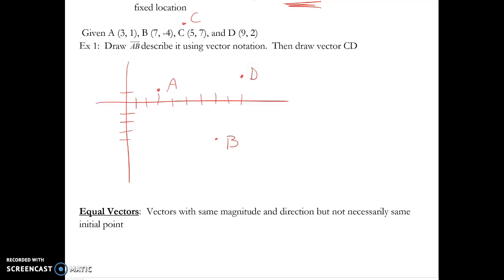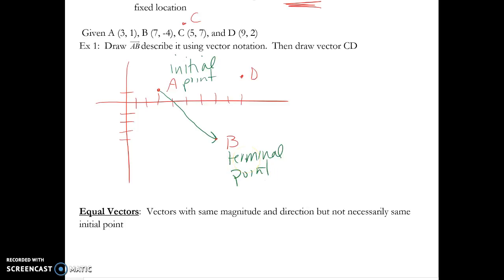Now, if we were to draw a vector AB and describe it using vector notation, vector AB would start at A and it would end at B. So we say that point A is the initial point, and we say that point B is the terminal or ending point.